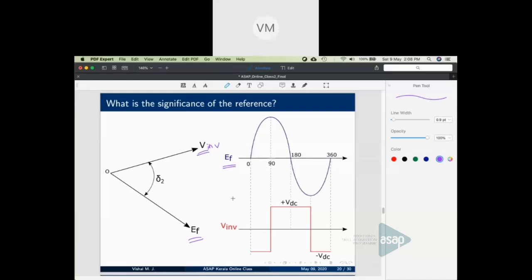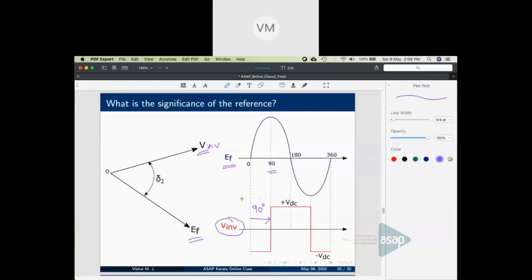Now suppose this angle is 90 degree, as shown in the diagram. Then EF and V inverter are at a phase shift of 90 degree, or the phase of this output voltage is 90 degree with respect to EF. That is the meaning of this one.